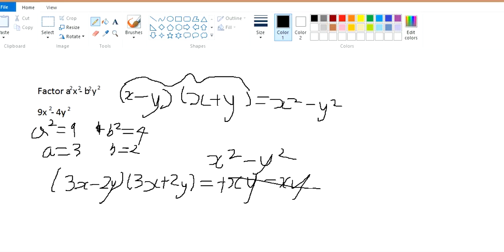Otherwise, it is the exact same as the other rule. So there we have it. We have factored the difference of two perfect squares.